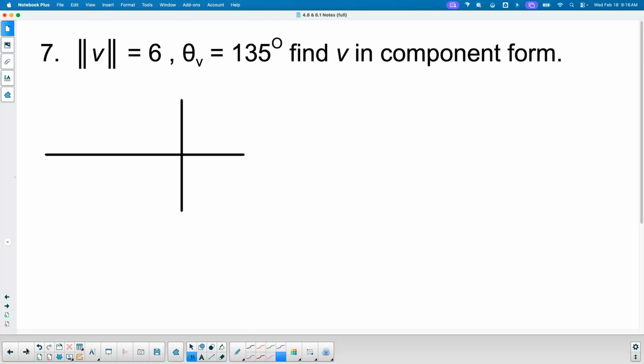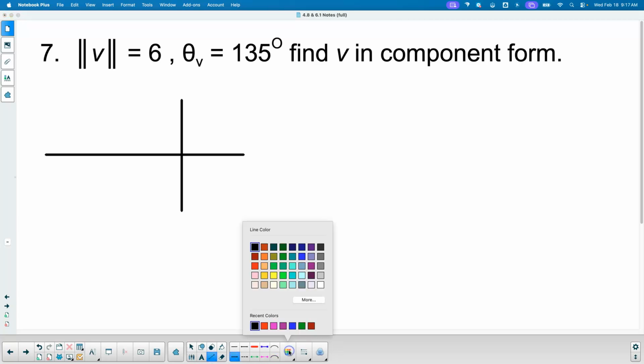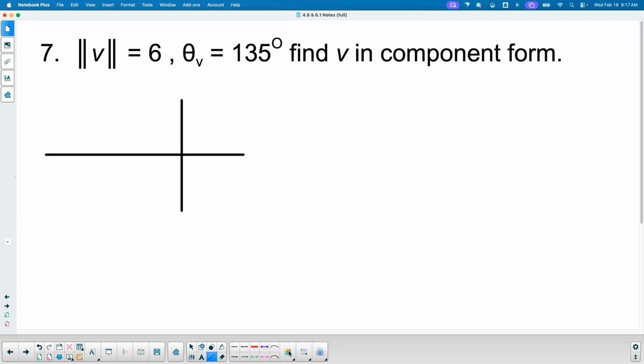So in vector v here, we have its magnitude, we have its direction angle, we need to find vector v in component form. Okay. So vector v is going to go out that direction, because this would be 135 degrees.